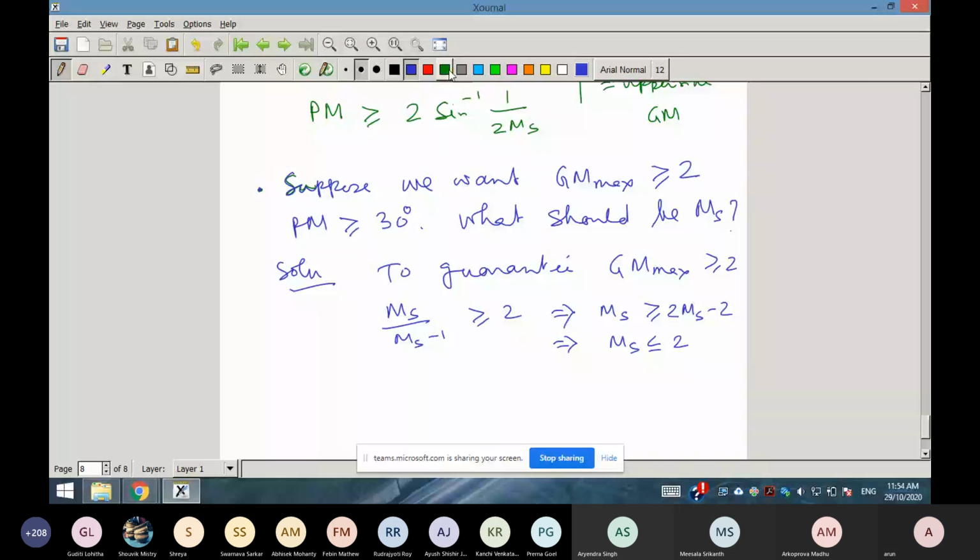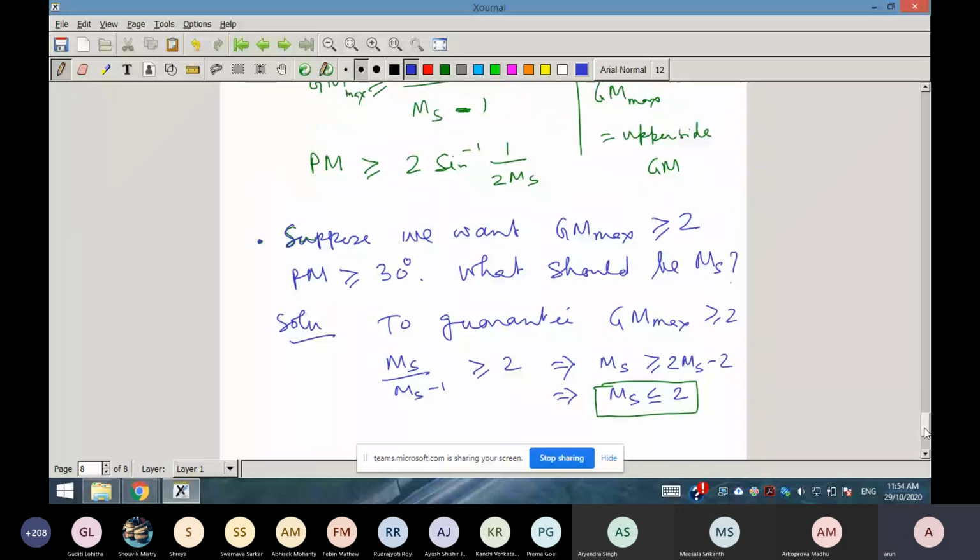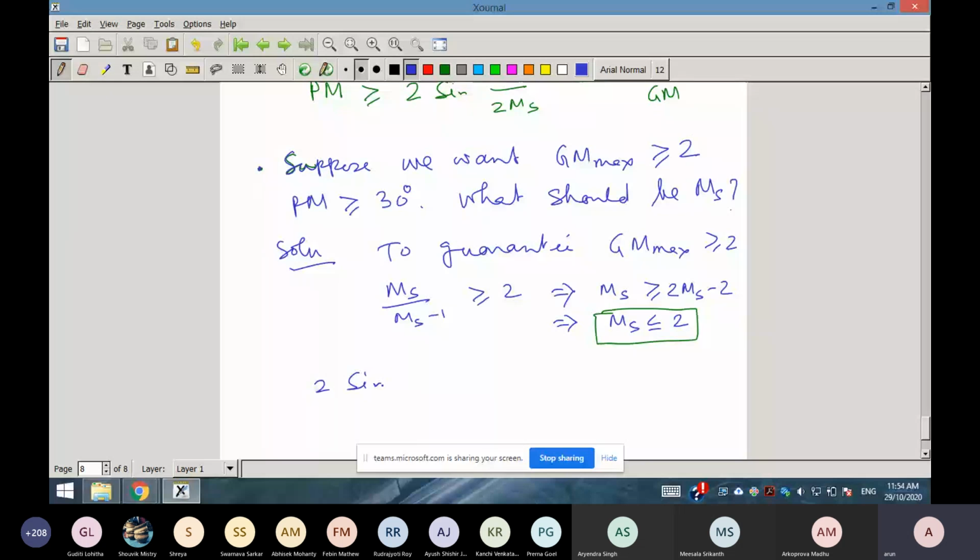Now for the other one, to guarantee phase margin greater than or equal to 30 degree, what I should have is 2 sine inverse of 1 by 2 Ms should be greater than or equal to 30 degree.